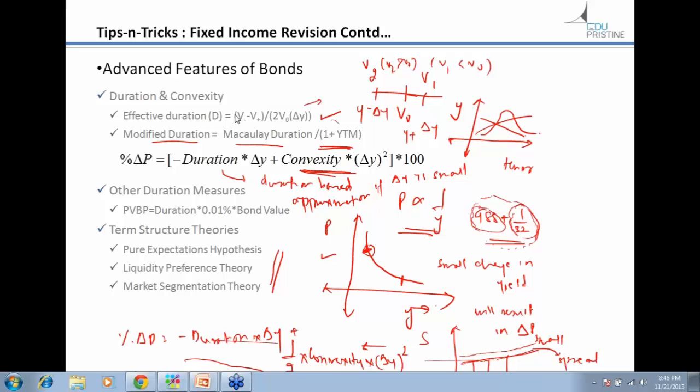So duration can be stated in terms of how much the value of my bond will change for a particular change in yield. That is the dollar duration. Whereas the other way of stating the duration is in how many years I will get back the entire invested cash flow. So that would be in terms of years. So if one was to ask me whether Macaulay and effective duration are the same thing, they are not the same thing because they are measured in different units.